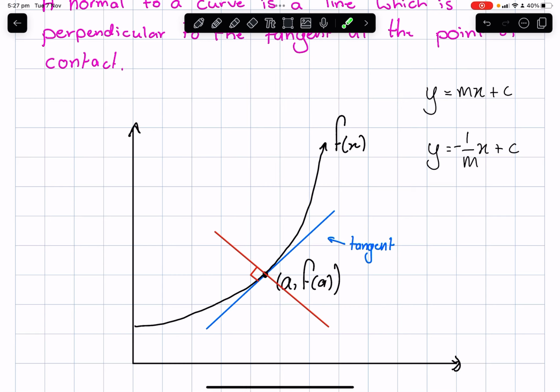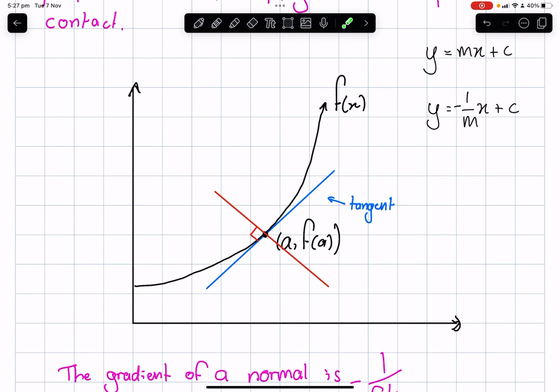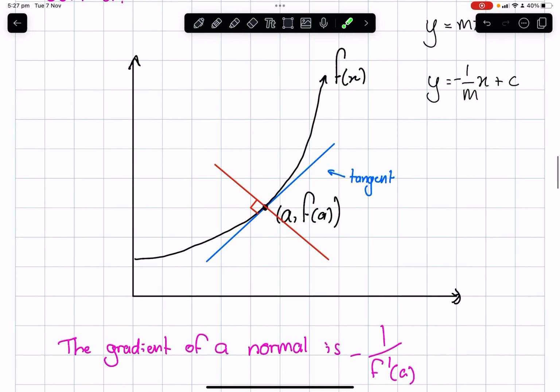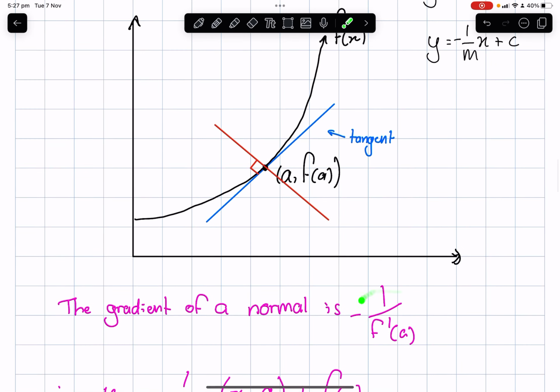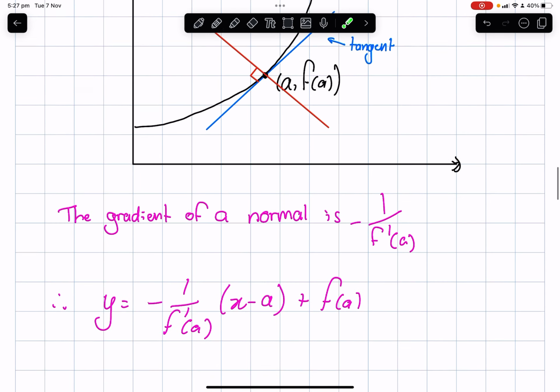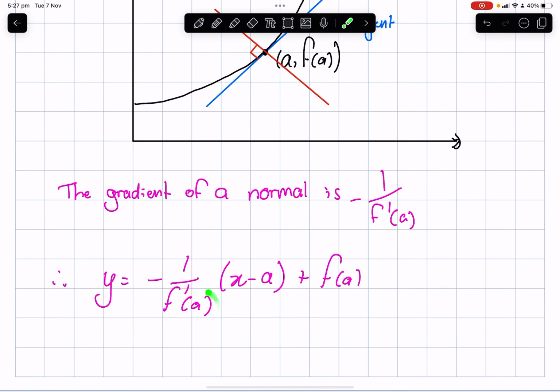Now, the slope of a perpendicular line is the flip. So we take the reciprocal and we make it negative. You can go into a bit of a proof on that and have a look at videos on that. We're just going to take it at face value for now. So the gradient of a normal is -1 over the derivative of a. So we're still finding all the same things. We're just putting it in a slightly different spot.